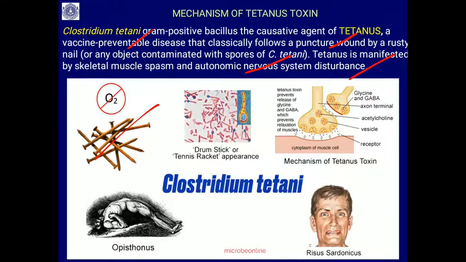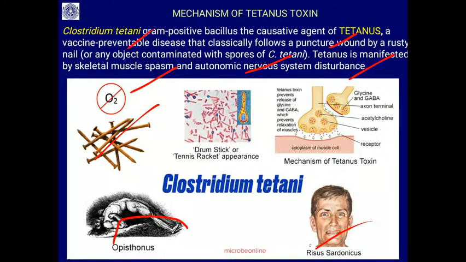It is muscle spasm or autonomic nervous system disturbance, so that you cannot open your mouth and you close your eyes, and the body muscles and all, you will find this type of condition. It is a deadly phenomenon.